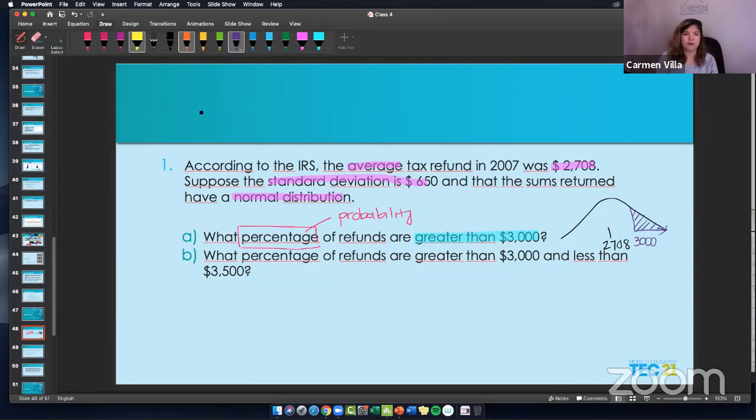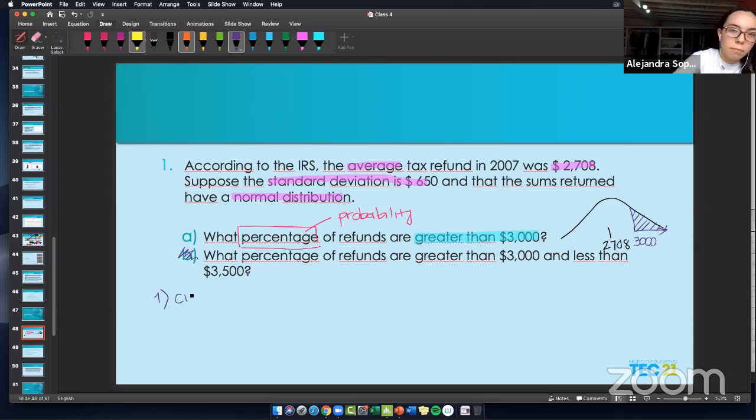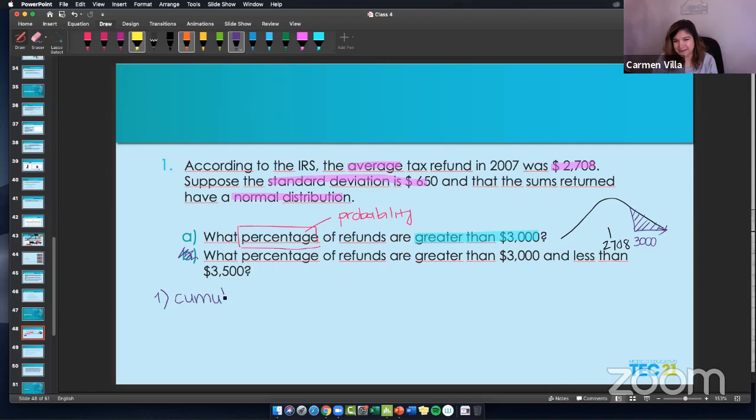So question number 1 for part A: is it cumulative or is it density? Cumulative. Class, a hint: does it make sense that they ask you for a probability density?